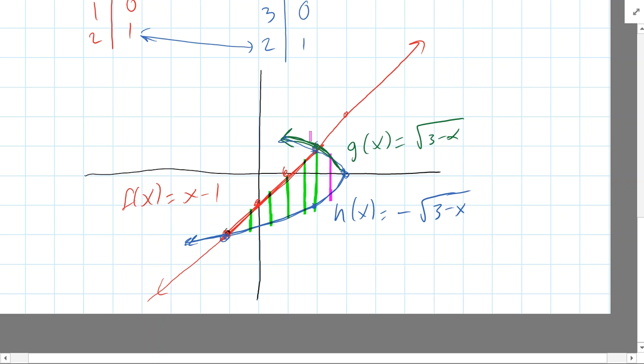So what happens is right here you have to change, and you have to break it into two regions. To the left, it's the line over the lower radical. To the right, it's the positive radical over the negative radical. OMG. Do you see why this is a real pain?